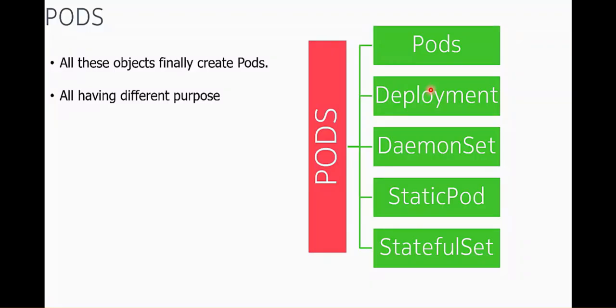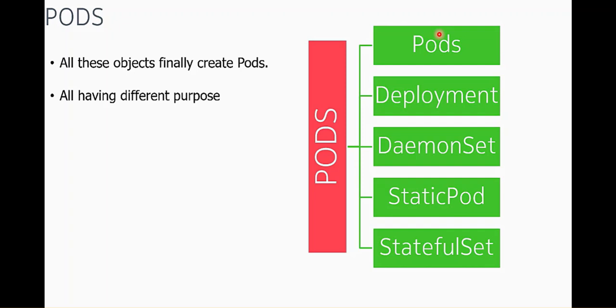In this section, we will discuss pods. Because we are discussing Kubernetes objects, it is necessary to discuss pods at the very first place. I would like to tell you in the beginning that all these objects finally create pods.